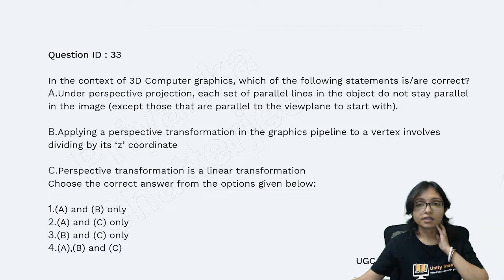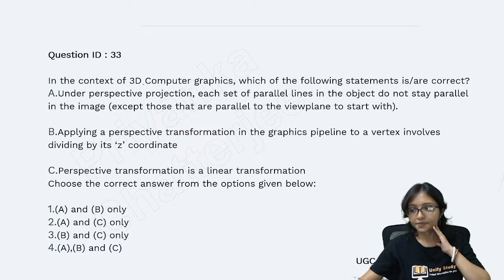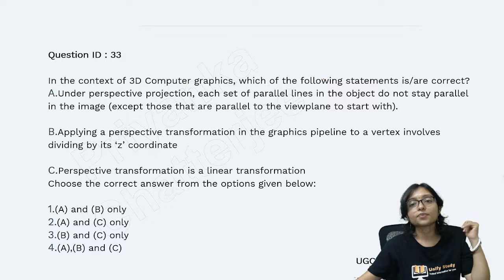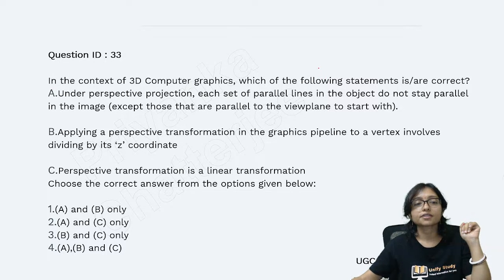Now the next one, tell me, here also projection, concept on the projection. In the context of 3D computer graphics, which of the following statements are correct?